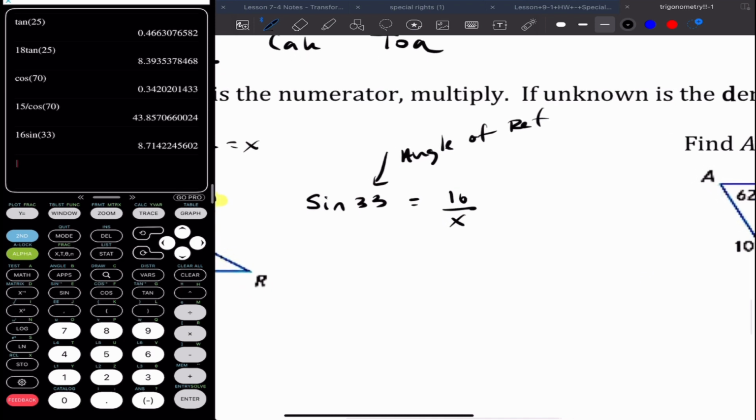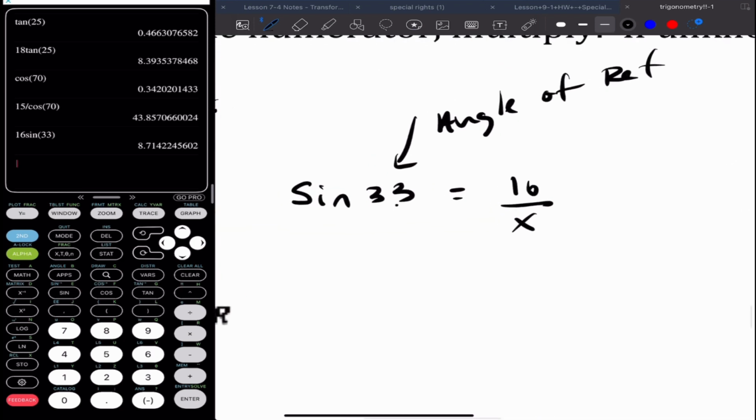In fact, the shortcut is swap the x and the trig function, the positioning of the two. So sine of 33 will be in the denominator, and this x will be on the left-hand side of the equation. So x is equal to 16 over sine of 33.